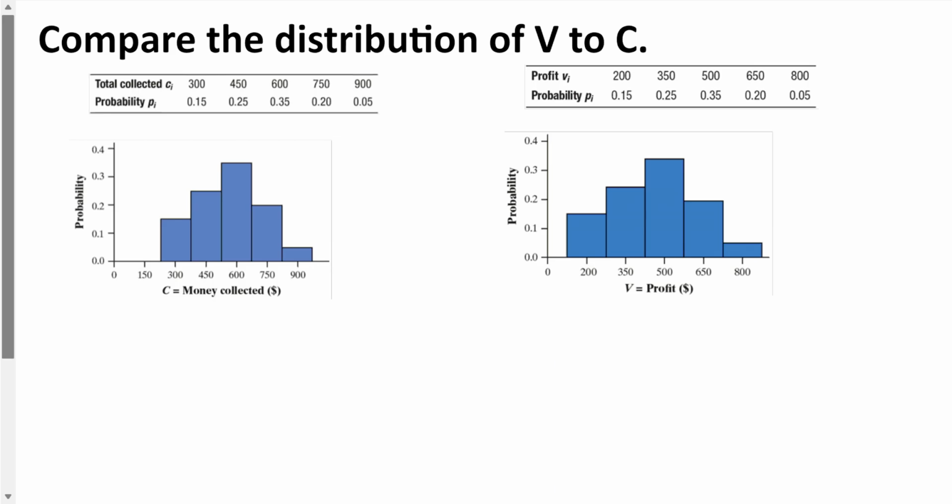I just kind of put it on here a little bit different, which makes the bars look a little bit wider. But really, it's the same exact thing. It's worth noting when you're comparing them that it's the same shape, just shifted.